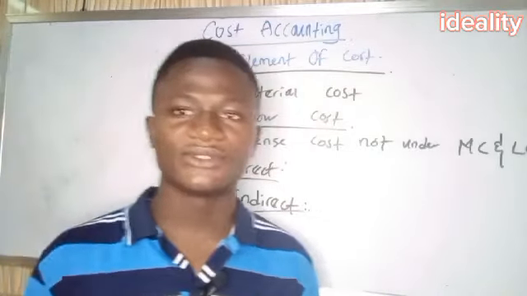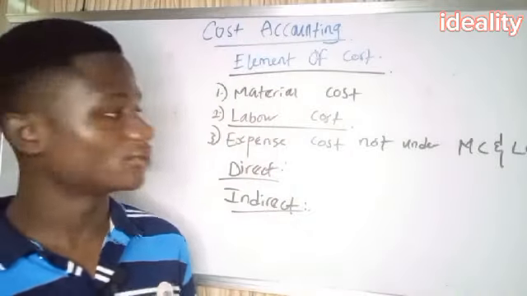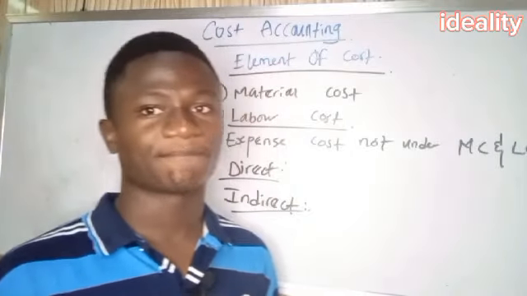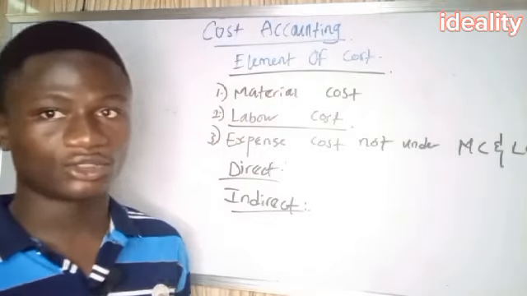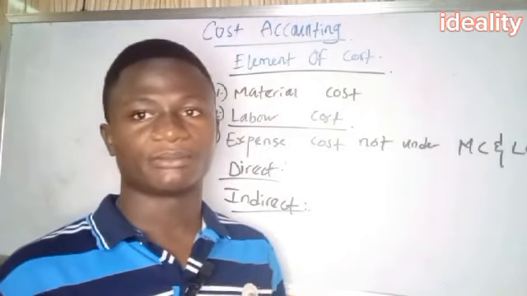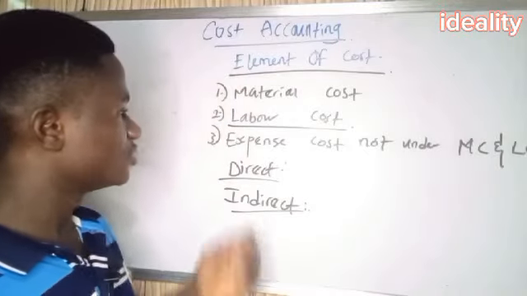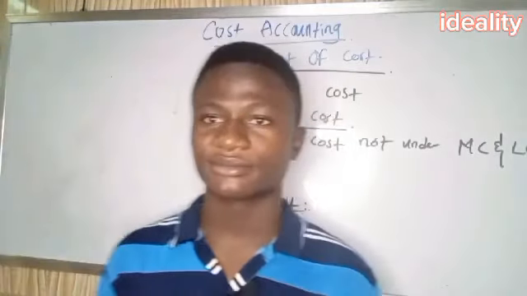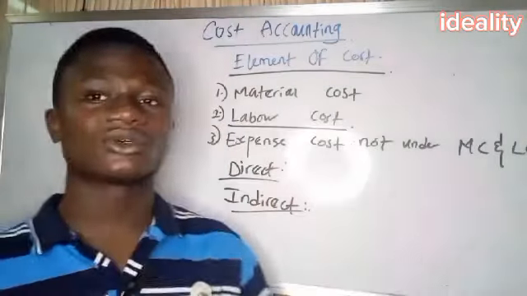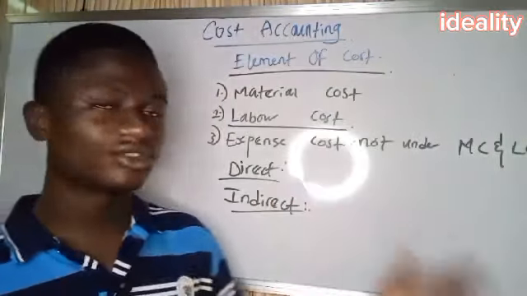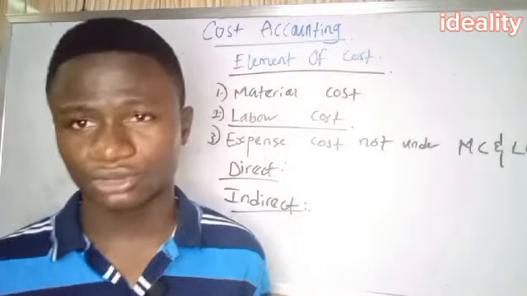Let me give you a good illustration, a good example of what a direct cost means. Brother, I hope you have your pen and writing materials to jot down the points I'm giving. So when we say a direct cost, these are costs that can be traced to a particular unit of production.